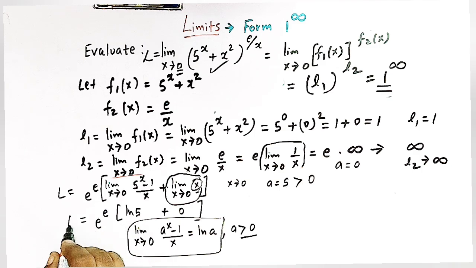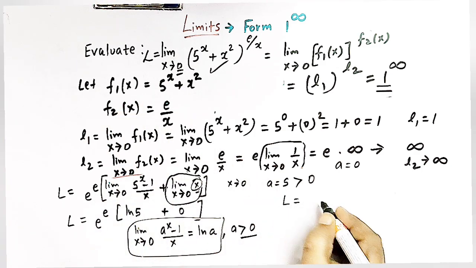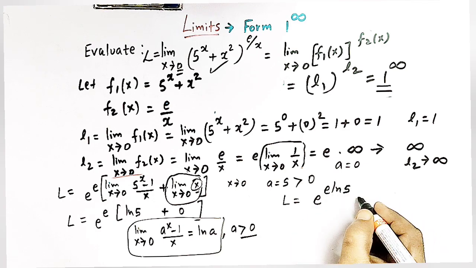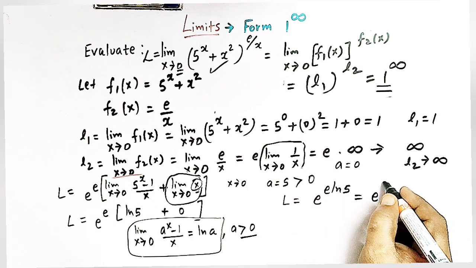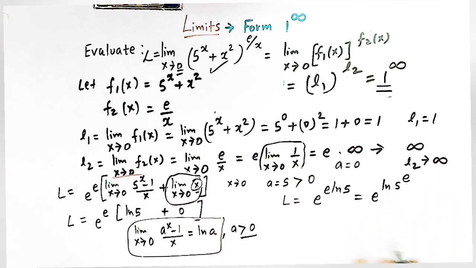So now the value of this limit is e raised to e times natural log of 5, which can be written as e raised to natural log of 5 raised to e. Here we have used the property of log, that is log m raised to n is equal to n times natural log of m.